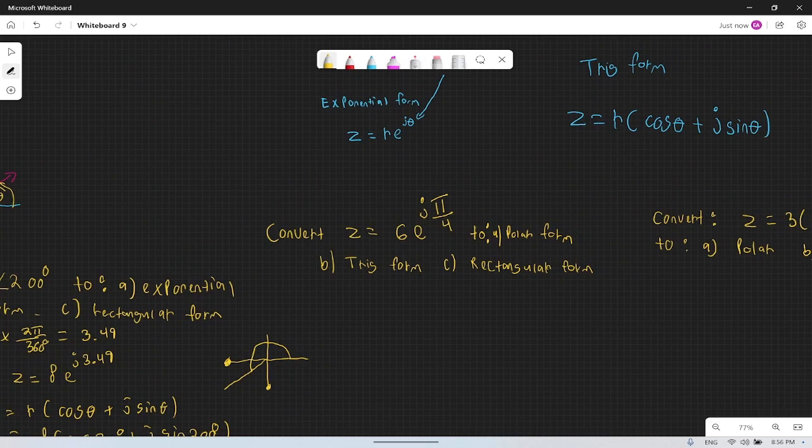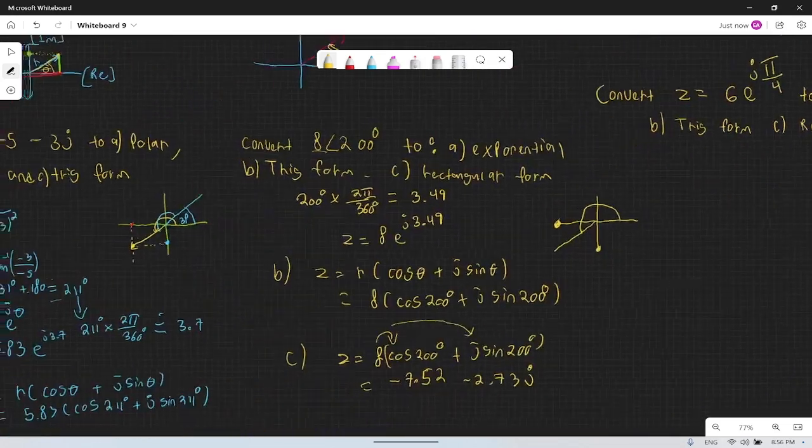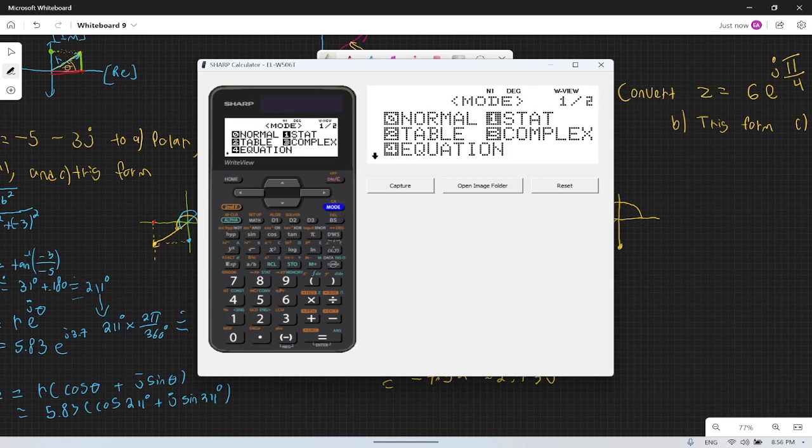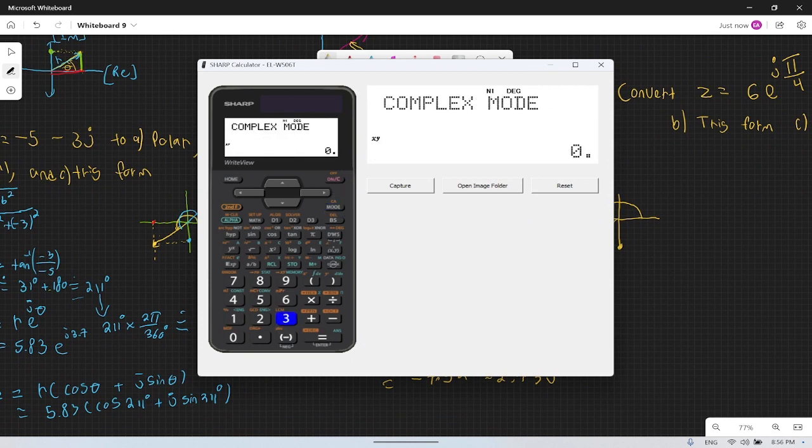Now we have an example. Oh, I guess I can also show you how to check this on your calculator. You go to 3 for complex, and then we have to make sure to change this. We go second function to r theta, and we had 8, and then above the xy button there's an angle.